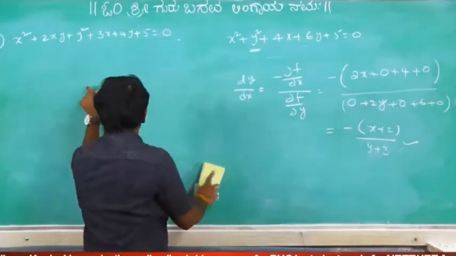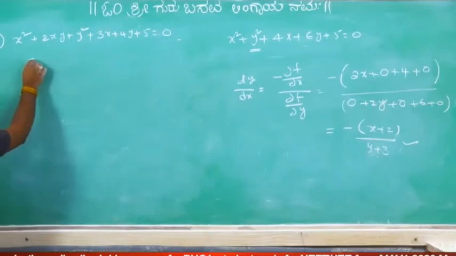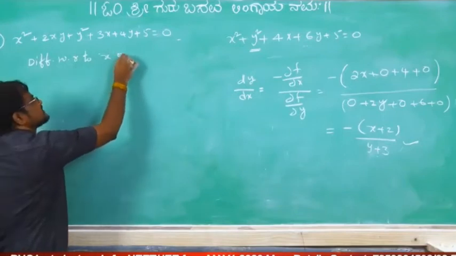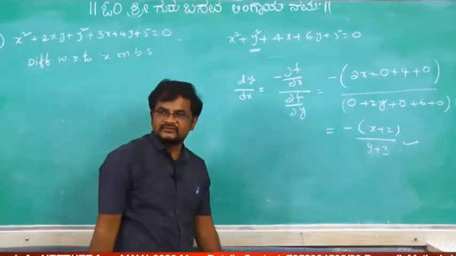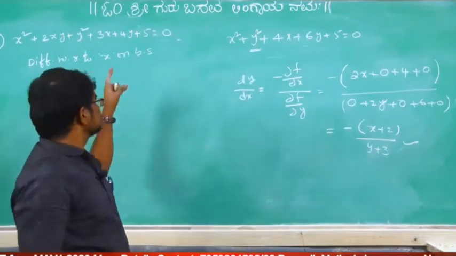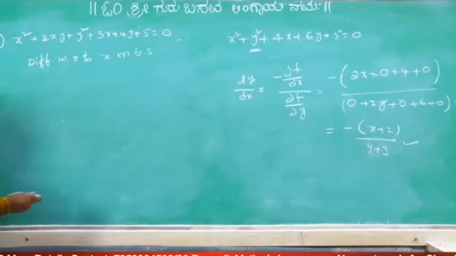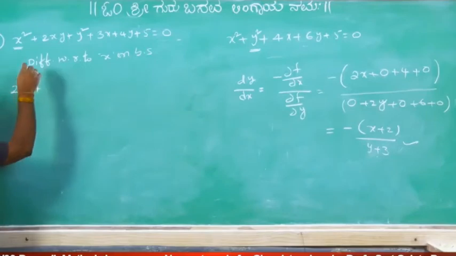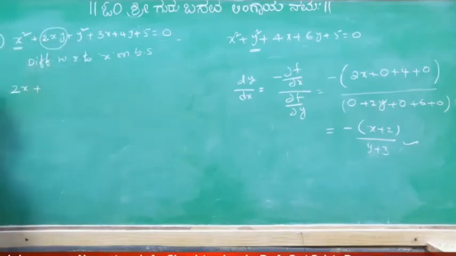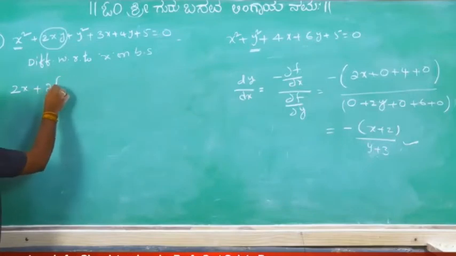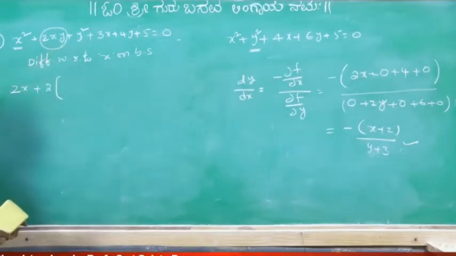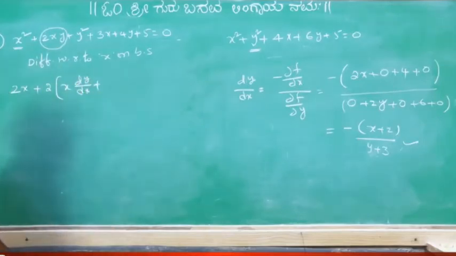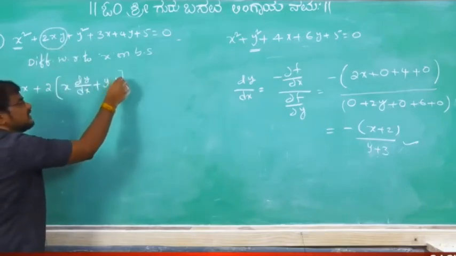Now by the first method, we have to find dy by dx, differentiating with respect to x on both sides. Differentiation of given function with respect to x. So differentiation of x square is what? 2x. Listen carefully here in this part. 2 into, this is product rule, x differentiation of y is dy by dx plus y differentiation of x is what? 1, like this.